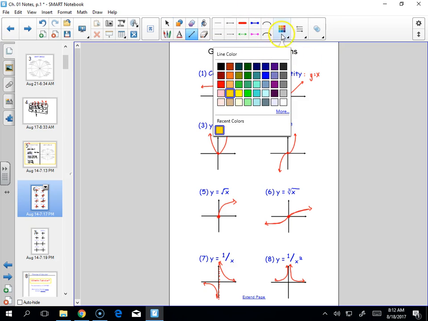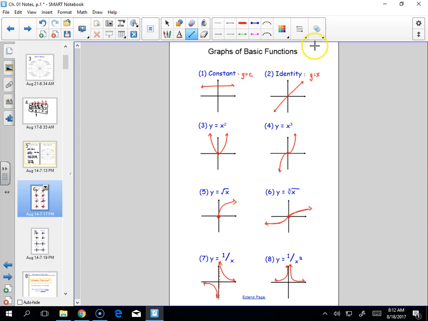So I'm going to show half a box, because graphs of basic functions, these are only half of them. Are you going to have to make these small? Yes. And if you make them small, can you put tons of detail on them? No. But should I be able to tell a constant function from the identity, from a parabola, from a cubic function, from a cube root, from a square root, from 1 over x, from 1 over x squared?